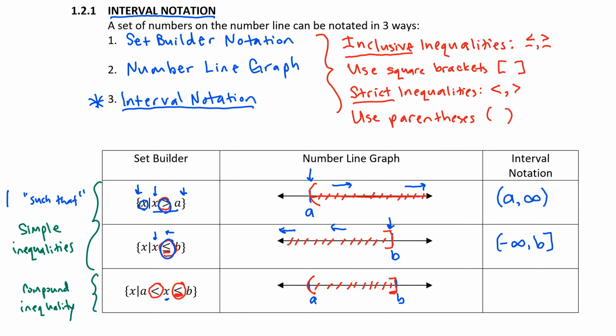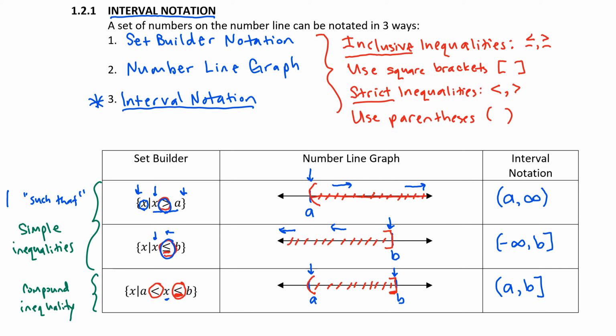Now, interval notation. We're just going to read the graph from left to right. So the leftmost value in our graph is a, and we've already decided it gets a parenthesis. The rightmost value in our graph is b, and it gets a bracket. That's what we call a half-open interval. So pop quiz, is a a solution to this compound inequality?